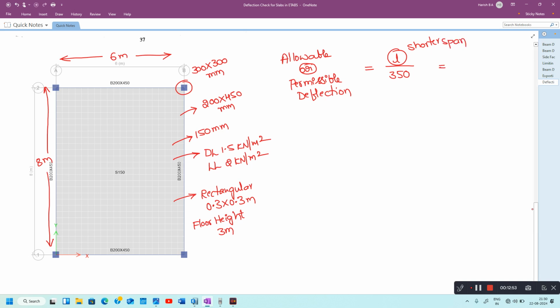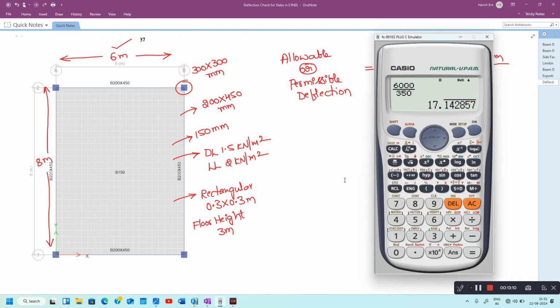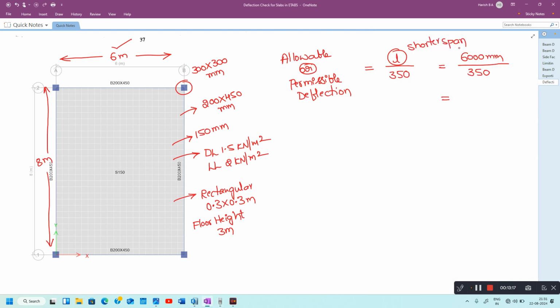The shorter span is 6000 millimeter, divided by 350. So 6000 divided by 350 will be 17.14 millimeter. So this is your allowable or permissible deflection.